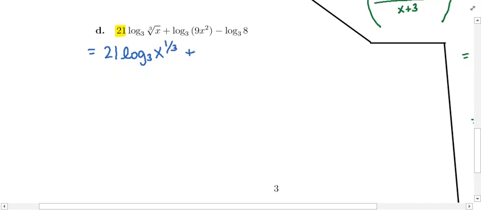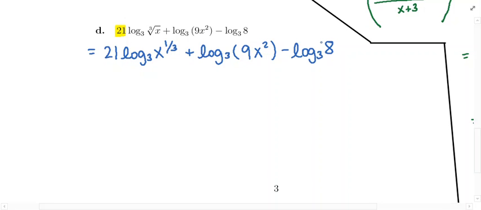The other two logarithms, I'm not going to change at all right now, so I'm just going to rewrite them. Remember, don't try to do all of this at once. Really seriously, you will probably make a mistake.